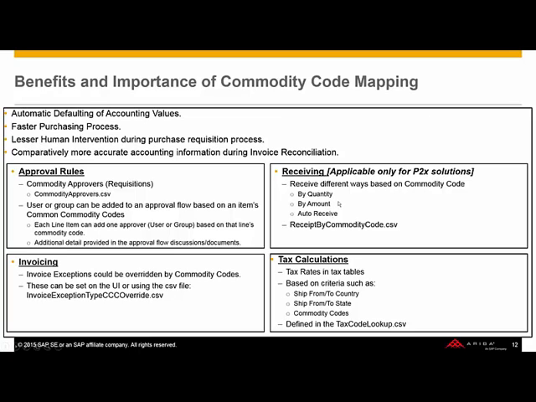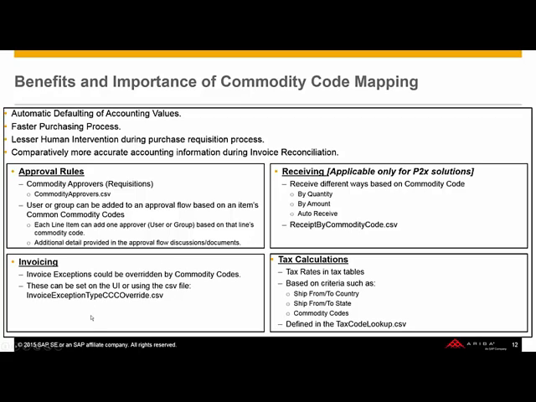Receiving, we talked about earlier that you can receive based on commodity code, whether you're receiving based on quantity, which is the out-of-the-box setting, by dollar amount, or you're using one or more of our auto-receiving mechanisms. You can use the receipt by commodity code file to drive receiving based on commodities.